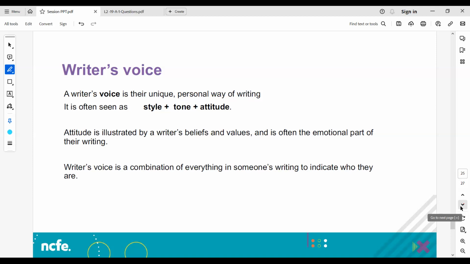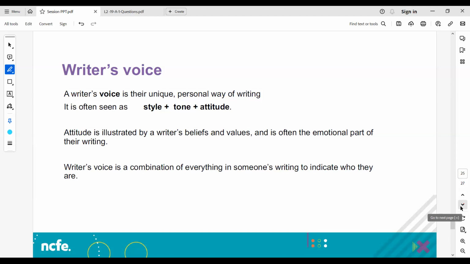I like lots of different types of novels, but if I'm just thinking of somebody like Jo Nesbo, who writes thrillers, he would have a certain style of writing.